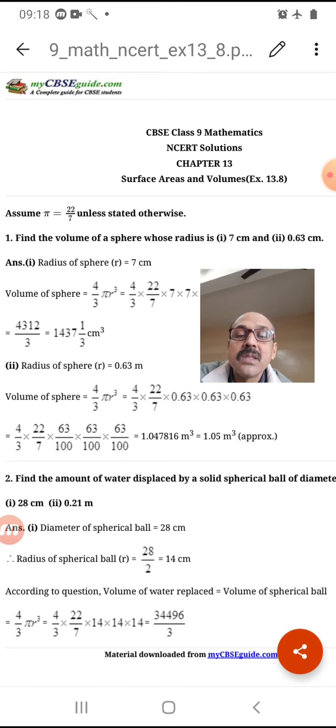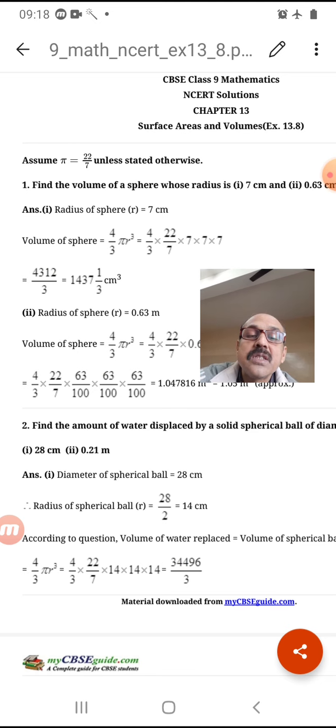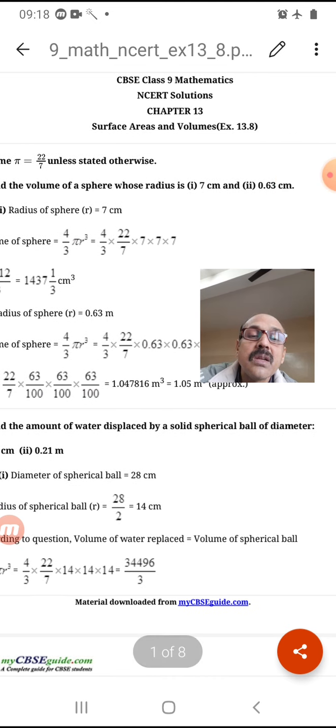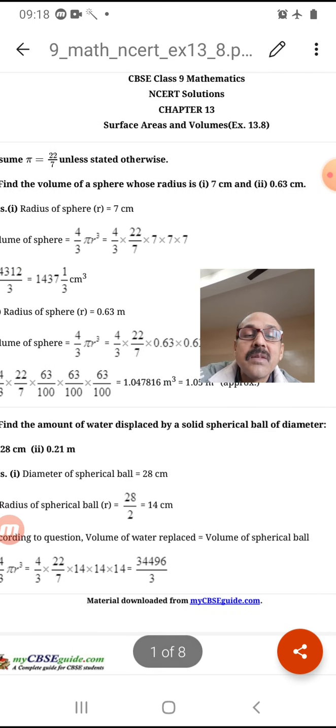Now next question. Question number 2 is, find the amount of water displaced by a solid spherical hull of diameter 28 centimeter and 0.21 meter. So amount of water we have to find, and diameter is given.